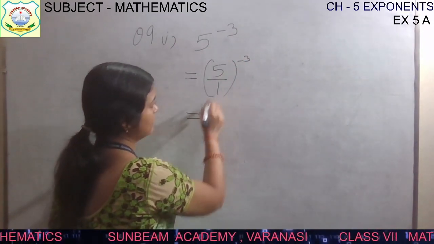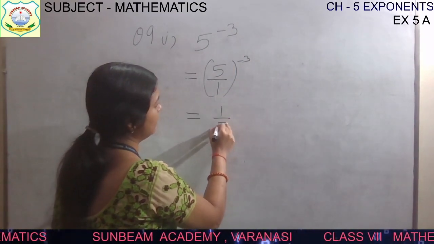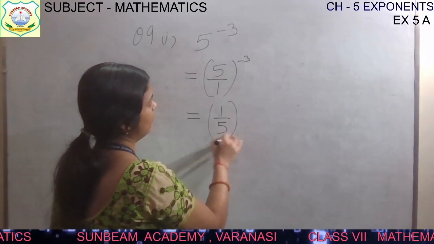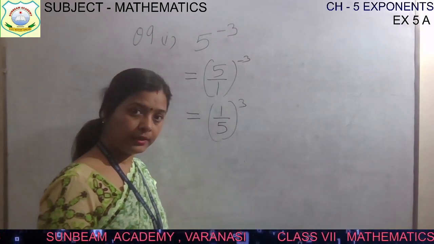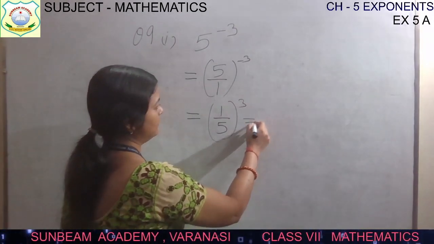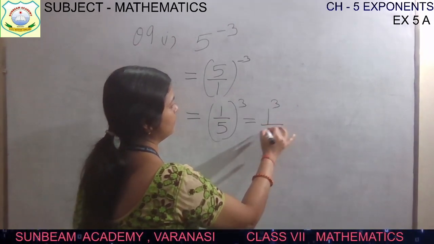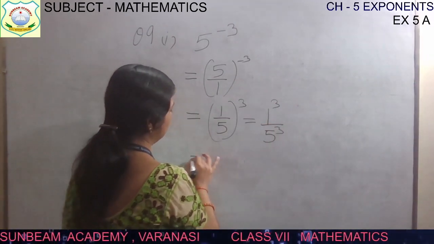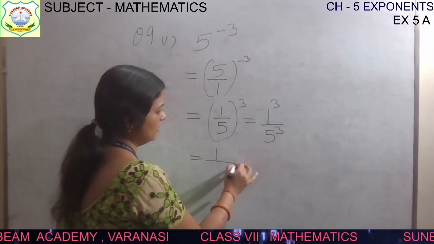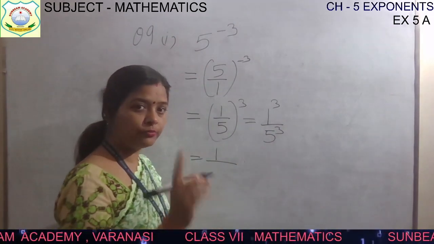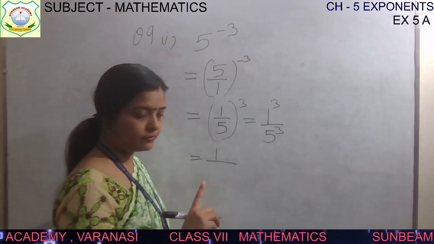Now make it reciprocal, so it will be 1 by 5 to the power 3. Now if you expand it, it is 1 to the power 3 and 5 to the power 3. 1 to the power 3 is 1 into 1 into 1, that is 1. 5 to the power 3 is 5 into 5 into 5, 3 times we will multiply.